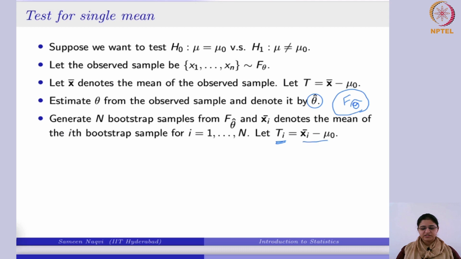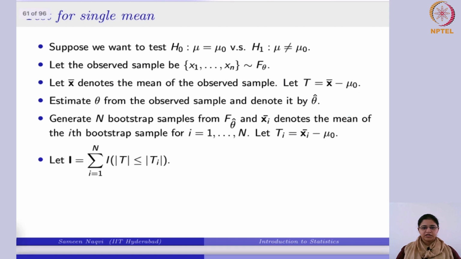Again, you will have the same procedure. So xi bar, each of them will have the sample mean and then you will subtract the hypothesized value. Next, this step would be the same. Again, you will compare the absolute value of this Bootstrap statistic with the absolute value of the observed statistic that you have obtained here.